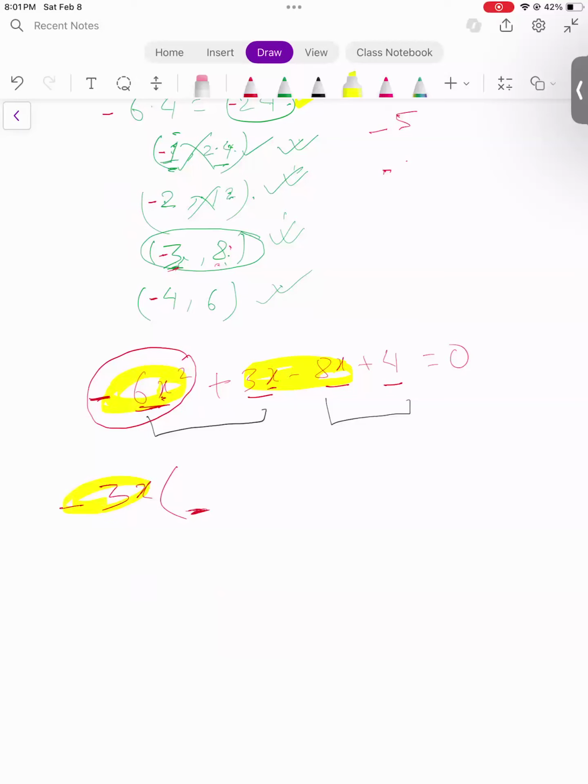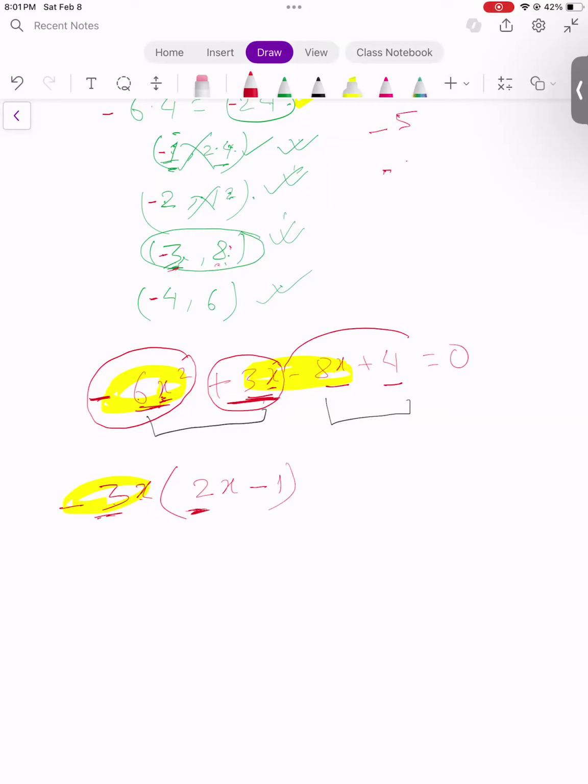Negative 6x squared divided by negative 3x: negative 6 divided by negative 3 is positive 2, and x squared divided by x is x. Then if you factor out negative 3x from positive 3x, you divide positive 3x by negative 3x and end up getting negative 1.